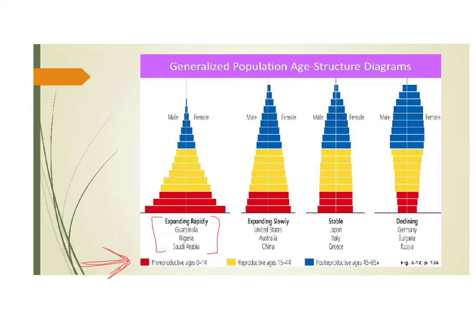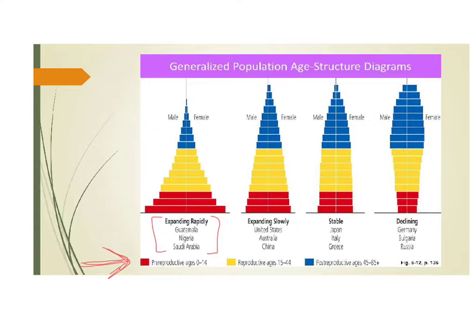It also tapers off quite a bit at the post-reproductive ages, because in a lot of these cases, these are developing countries that may not have fully modern medical systems. So we have a lot of young people and fewer elderly.